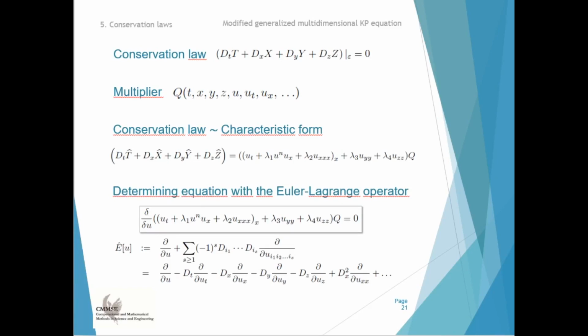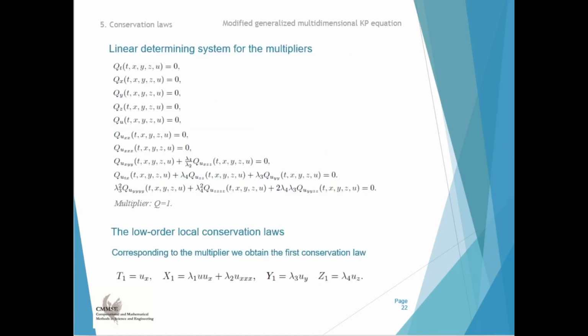We need to calculate T, X, Y, and Z. Then we find all multipliers by solving the determining equation with the Euler-Lagrange operator. The previous determining equation yields a linear determining system for the multipliers. We solve this determining system and we obtain the identity multiplier with the following local conservation law.